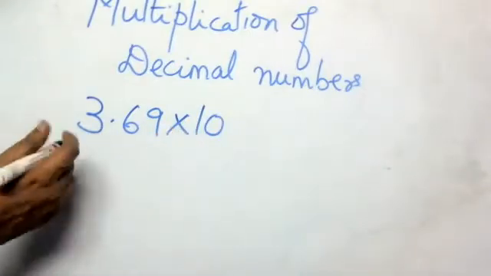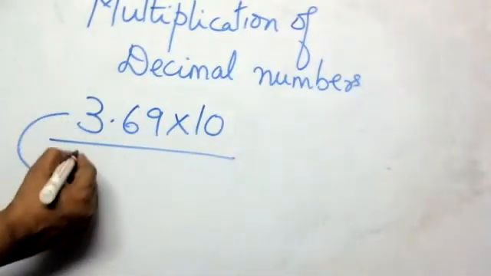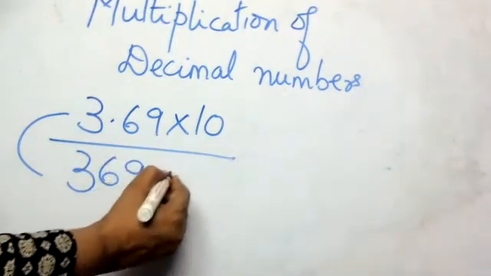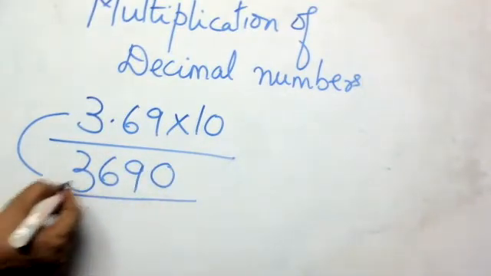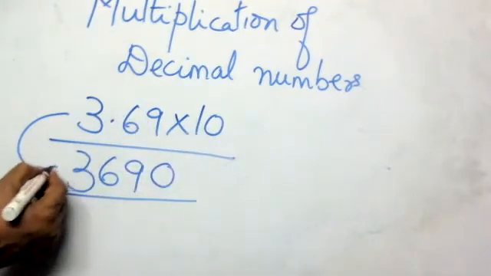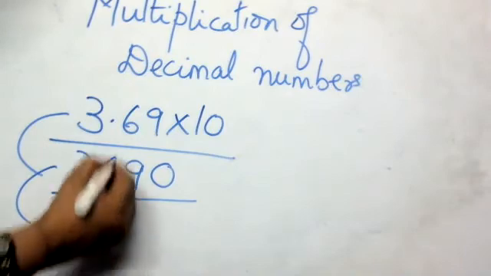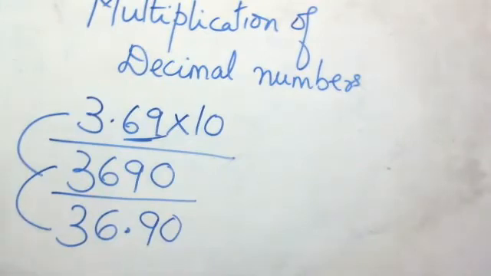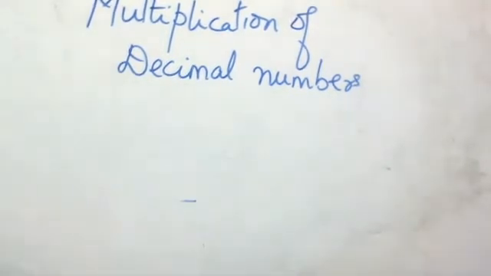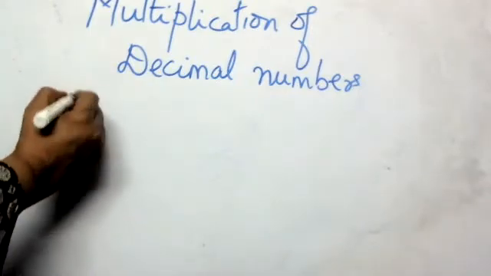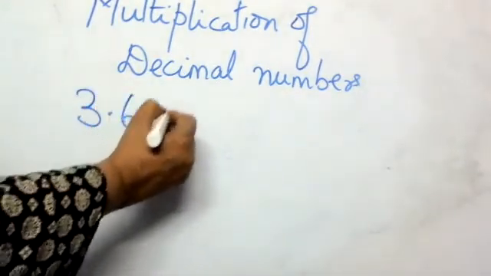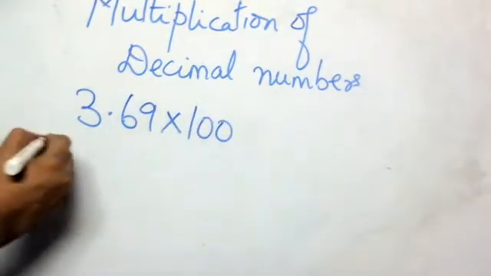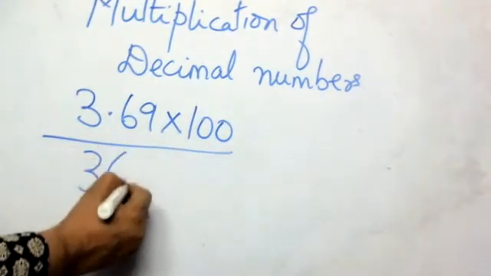But first we will do with 10, then we will go to 100. The first step is, write the number as it is. Second step, you have to add the 0 also because it is multiplication. Put the decimal place after the two digits, from the right side. Always take decimal places from the right side. So 36.90. Okay. Now, if it is multiplication by 100, you have 3, 6, 9.